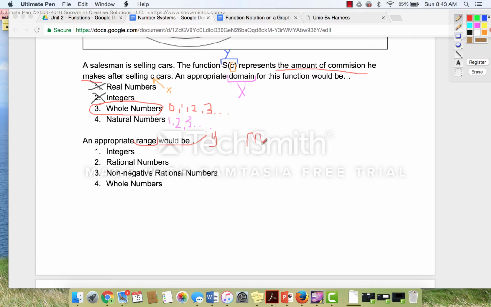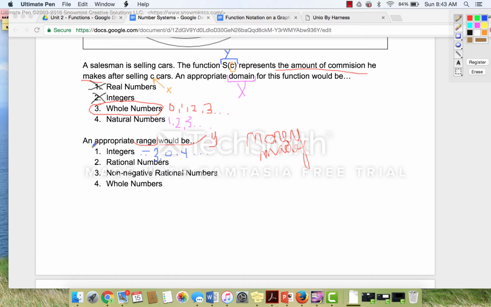So I'm looking for numbers that would be appropriate for money made. All right. So which would be possible to be how much money he makes? Integers are like -3, 0, 4. Yeah, he could make those amounts of money.